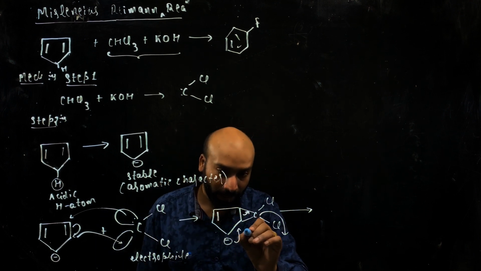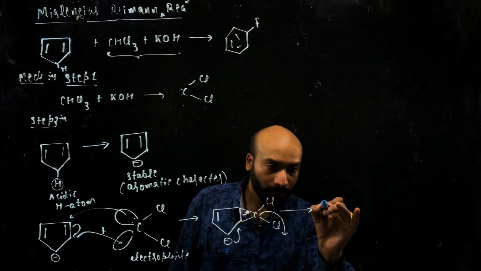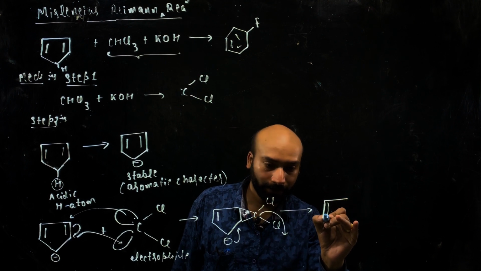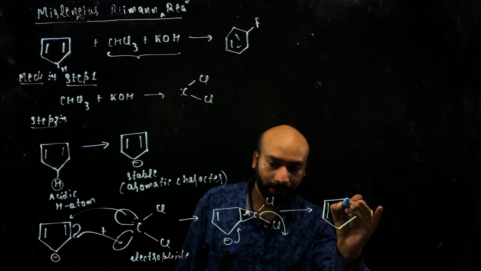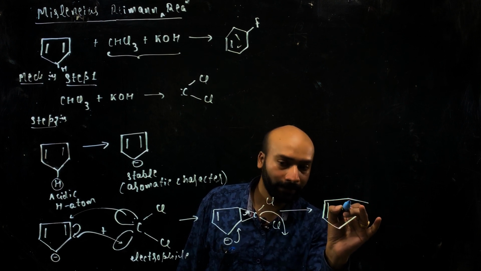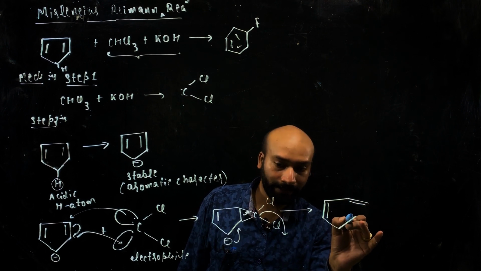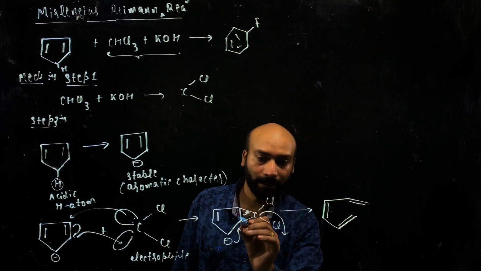In this way, I will form the same bond as in this one. So one bond is here, one bond is here, and one double bond is here. Here is the double bond and now here is the double bond, and this one is the carbon, this one is the carbon.